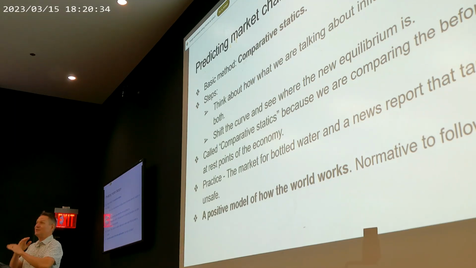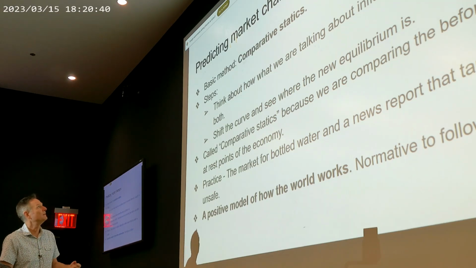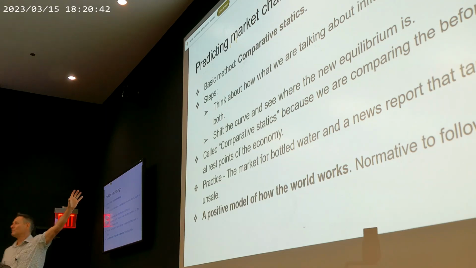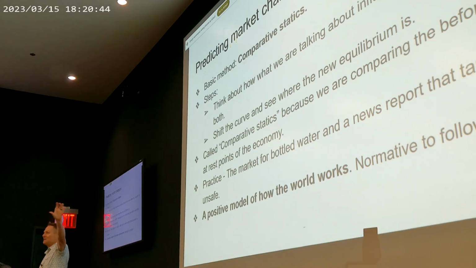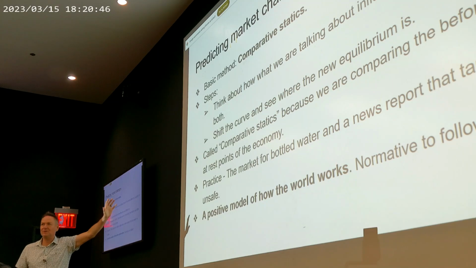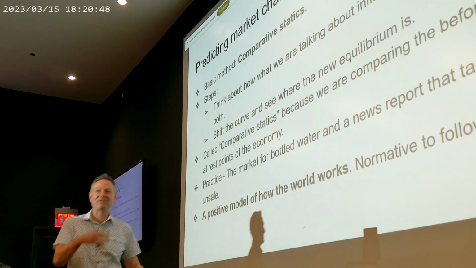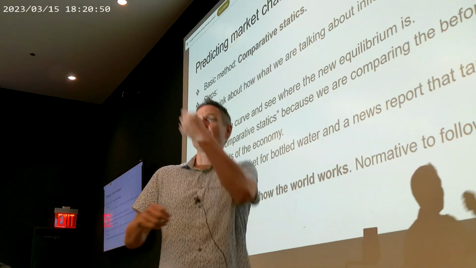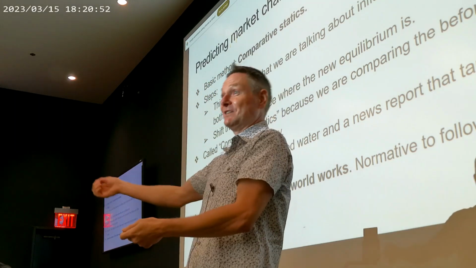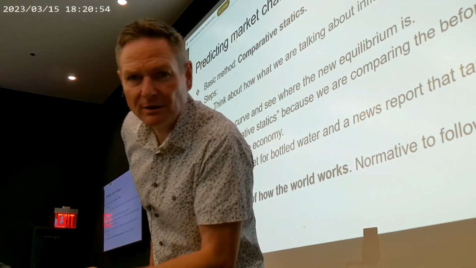Things change in the world. When they change, what changes, demand or supply? And then what is the outcome of all of this? I call it here comparative statics. That's again a physicsy, sciencey term. It suggests that you're looking at one equilibrium, changing something, and then seeing what the new equilibrium looks like.